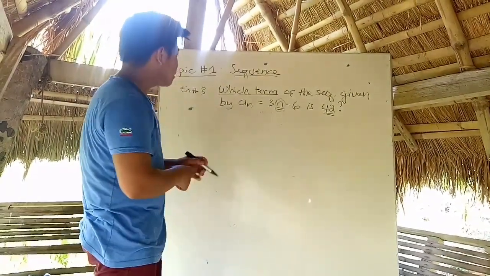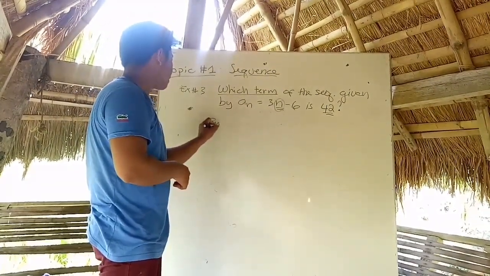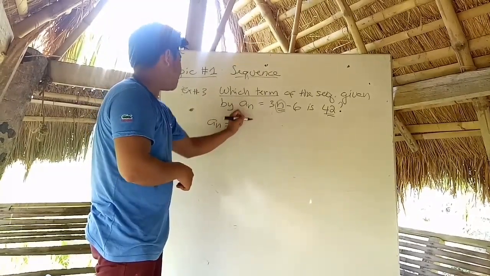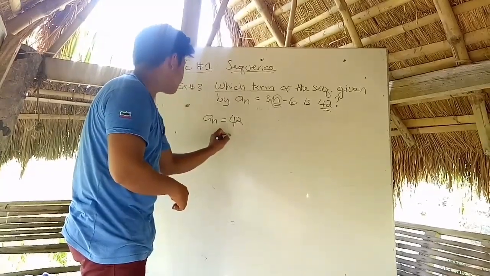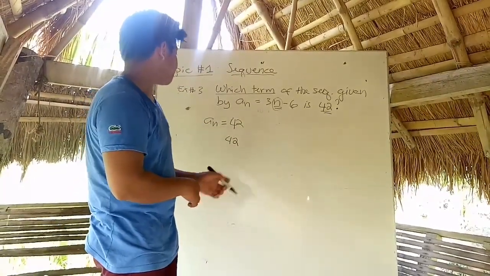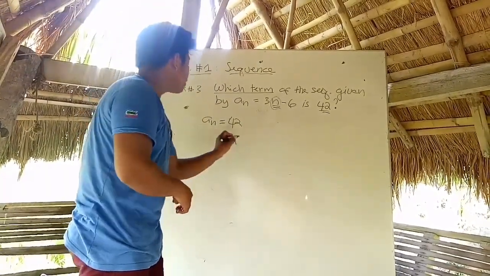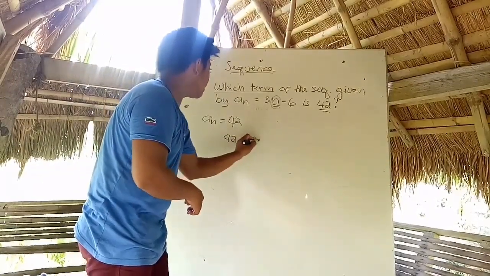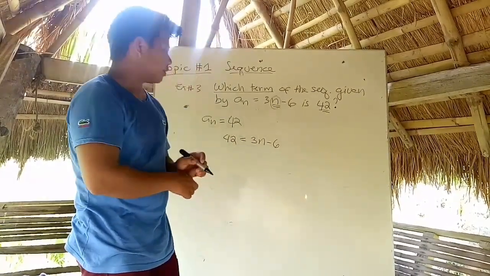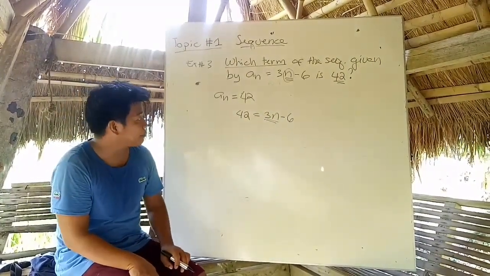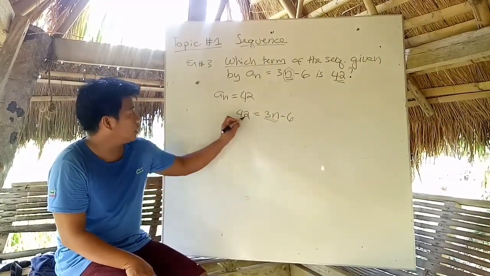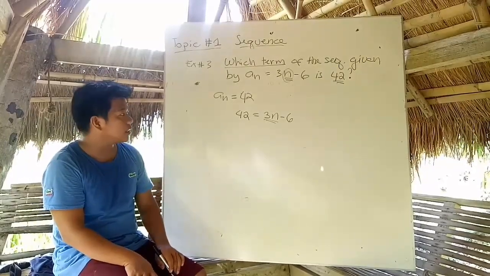To do this, substitute a sub n by 42. So we have 42 equals 3n minus 6. For the value of n, let's do it algebraically. So 42 equals 3n minus 6.